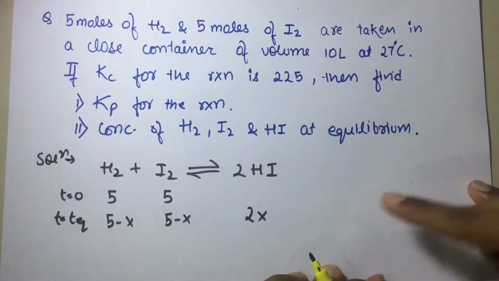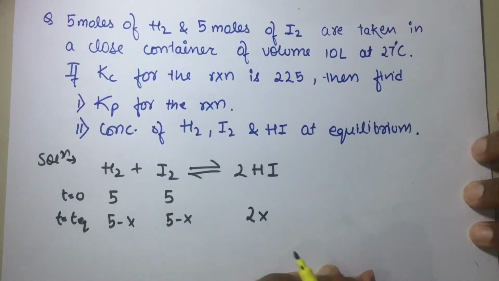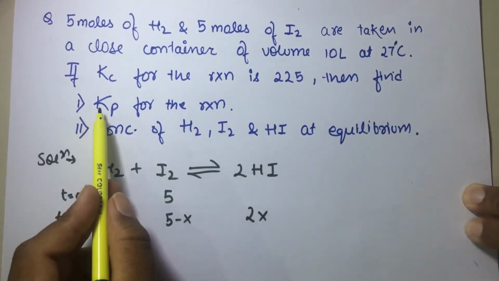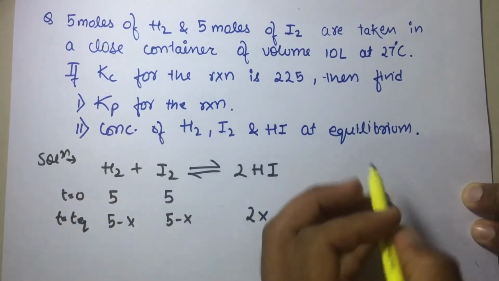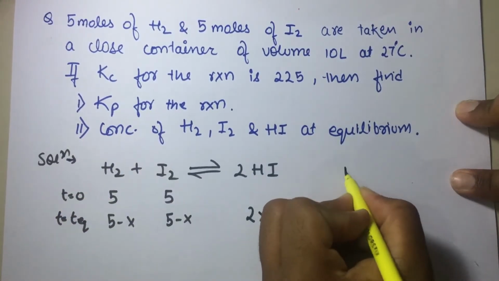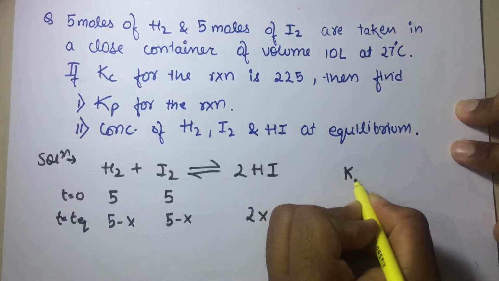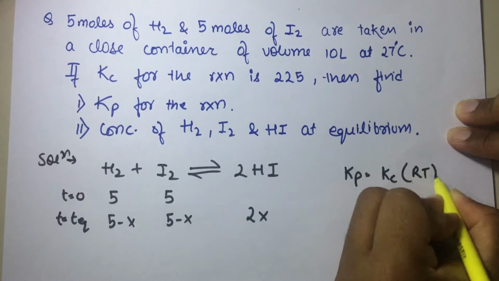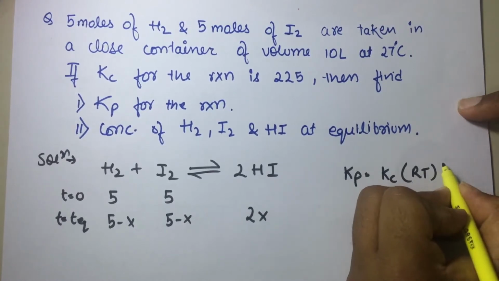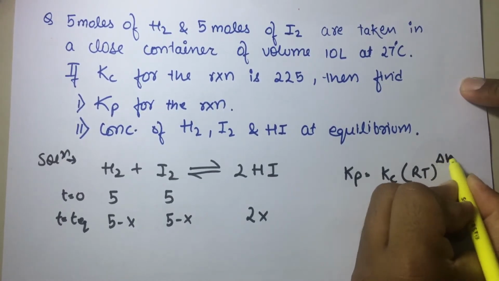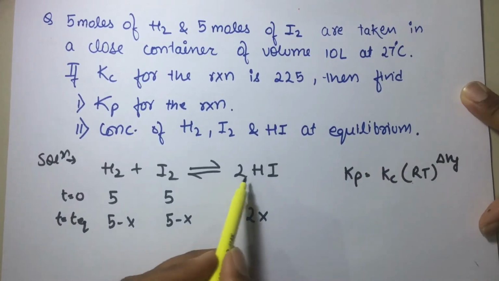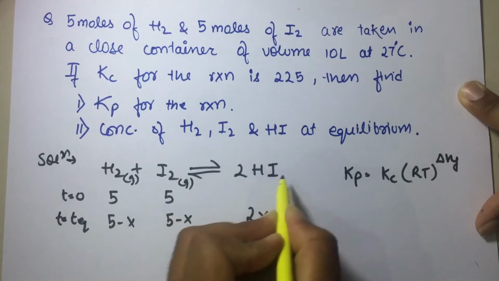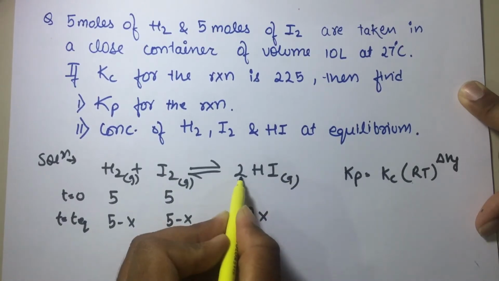So what is the first part of the question? You always have to write these two equations, right? The first part asks for Kp for the reaction. We know the relation between Kp and Kc: Kp is equal to Kc (RT) to the power delta Ng. What is delta Ng for this reaction? These all are in gaseous state, so 2 minus 2 is 0.